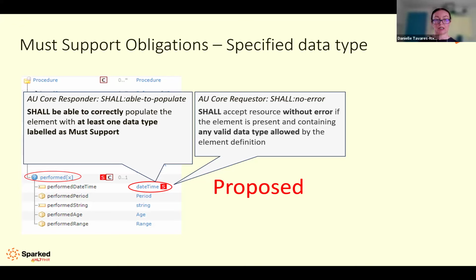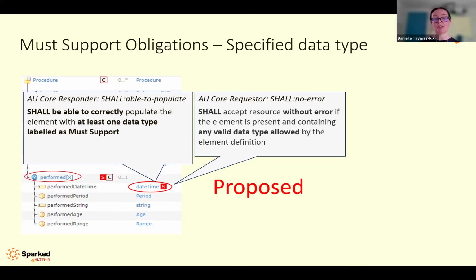And if we choose to, and I'm on the fence about it at the moment, but I think it could be workable to go further on date time, to add able to populate, and therefore request an AU responder who says they do procedure to demonstrate the capability that they can send back date times.